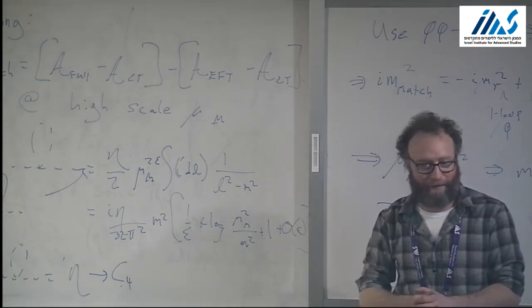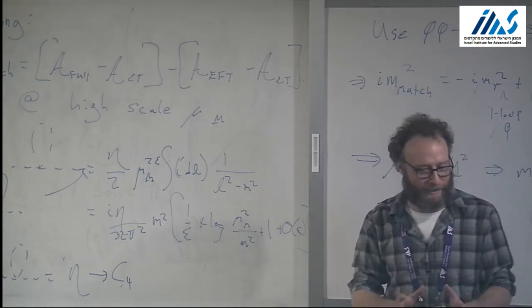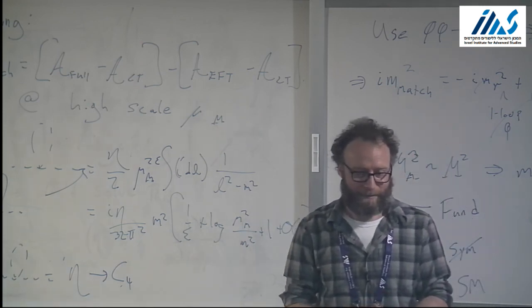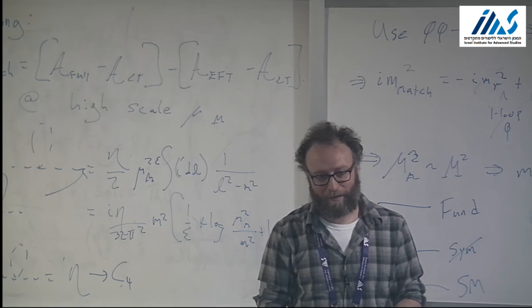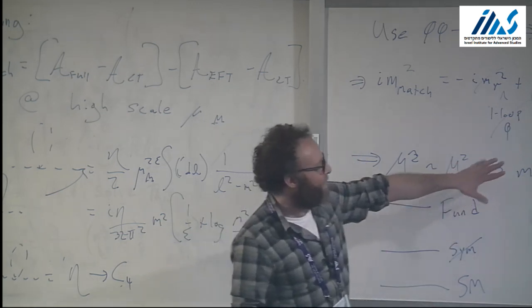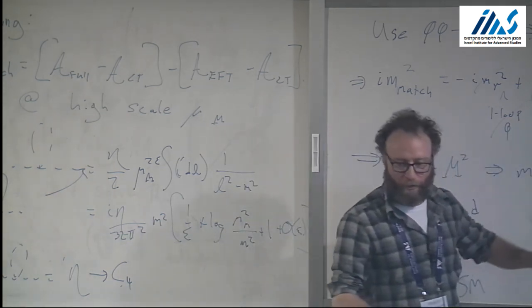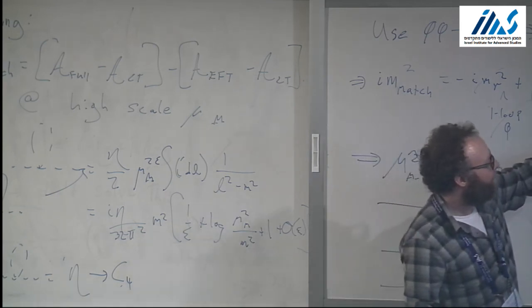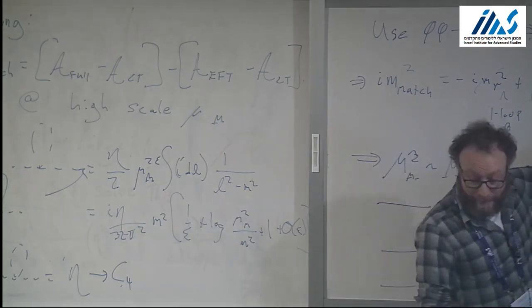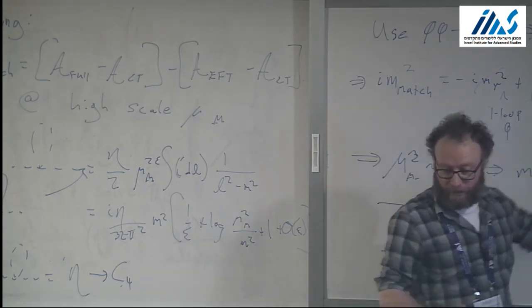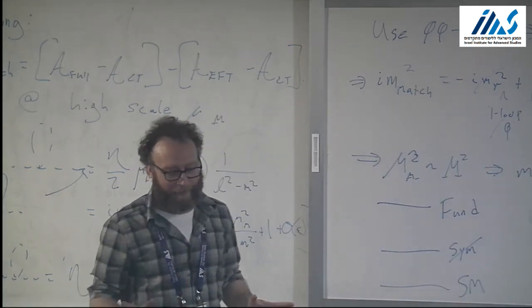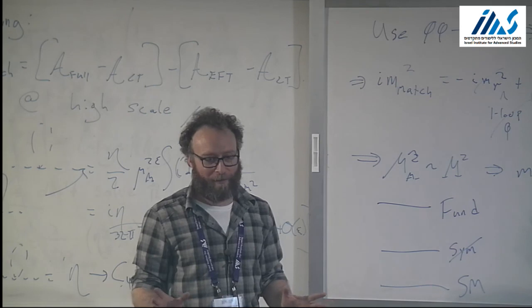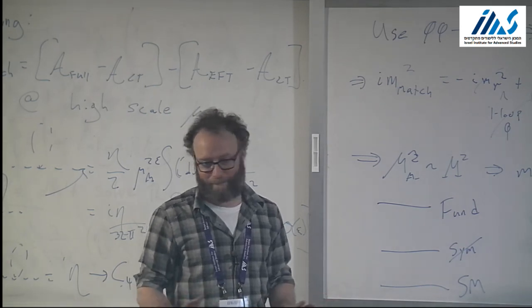But I guess I don't understand. I encourage you to sit down with a pencil and try to do it. In this simple case, I think the takeaway here is that it's scheme dependent, right? So you need to choose some scale, but you're not going to solve the hierarchy problem by picking a scheme.